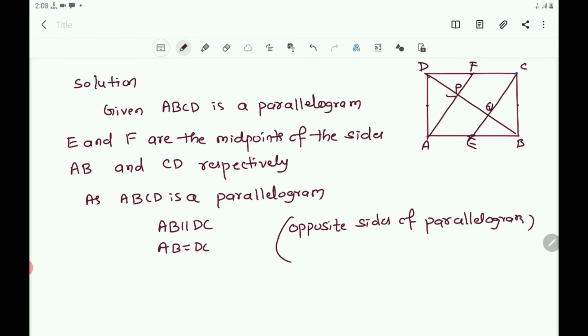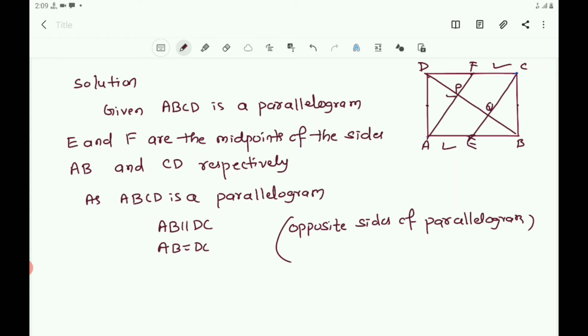So here AE is also parallel to FC, and also you know that AE equals FC and they are half of AB, half of DC. Here as AE and FC are the halves of the equal sides, you can have that AE equals FC.